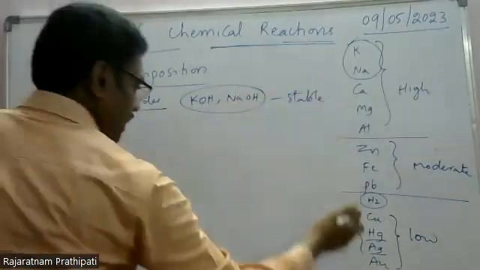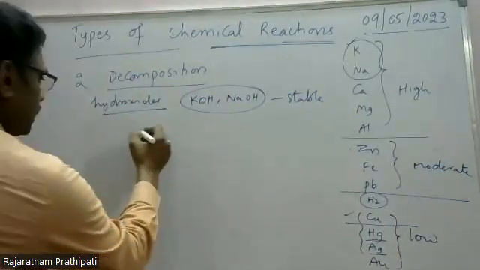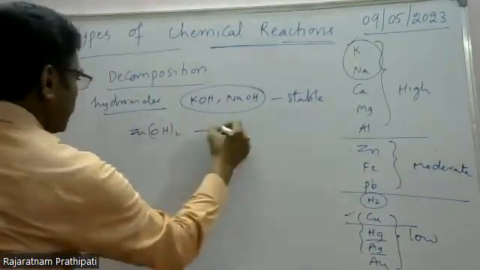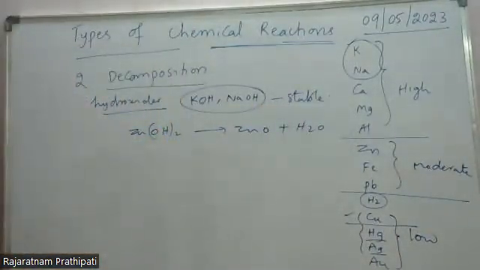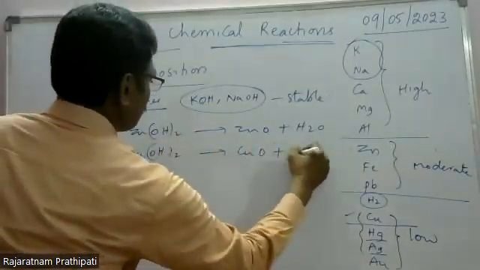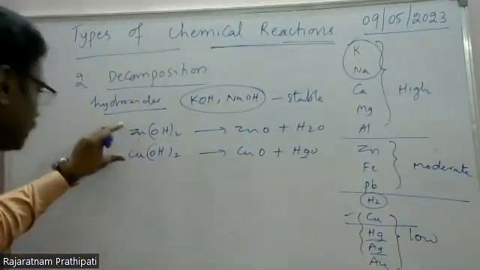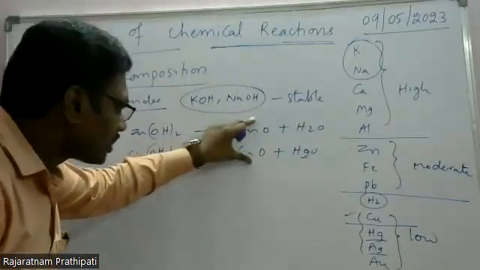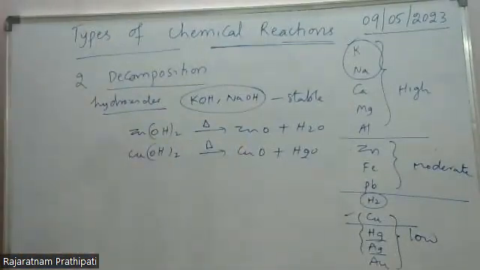The remaining hydroxides, up to copper, are decomposed: zinc hydroxide decomposes to ZnO plus H2O. Cu(OH)2 gives CuO plus H2O. Means these decompose to metal oxide and water. Here they are thermally unstable.